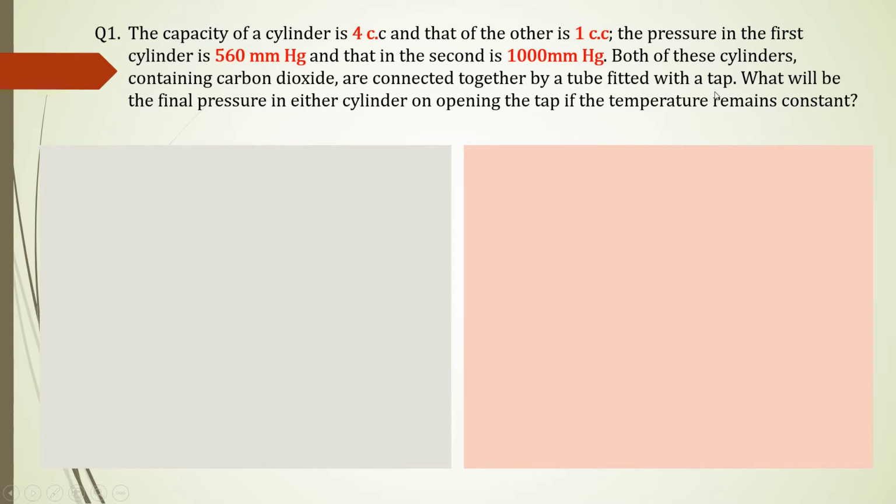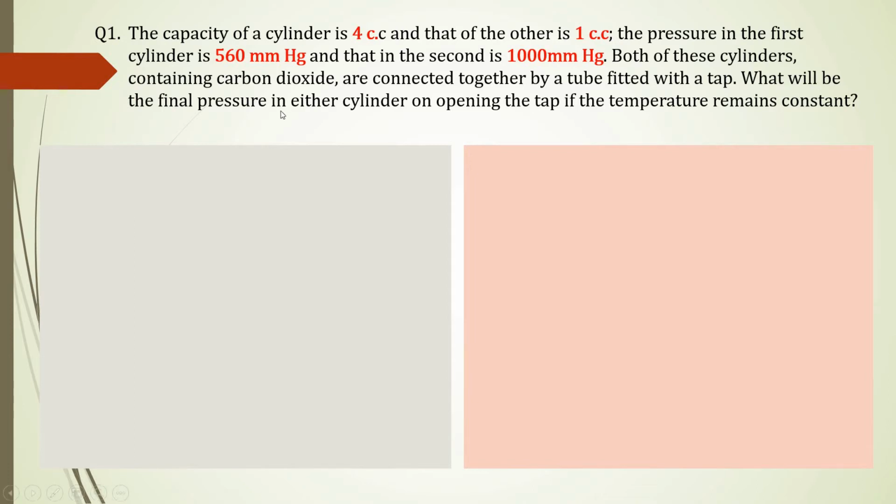Now, when the two cylinders are connected together, what will be their volume? Their volume will be 4 plus 1, because individually they have volumes of 4 cc and 1 cc. So in order to find the total volume, we need to add their volumes because the two cylinders are now connected.